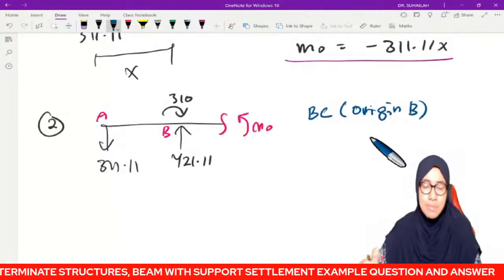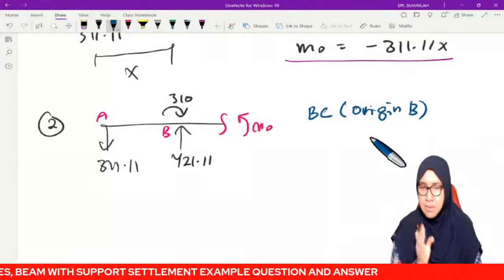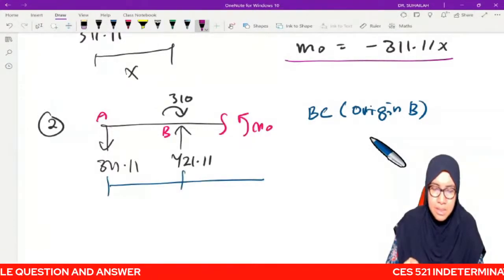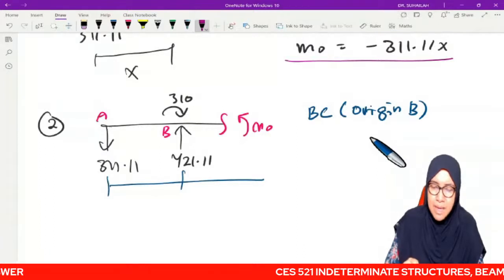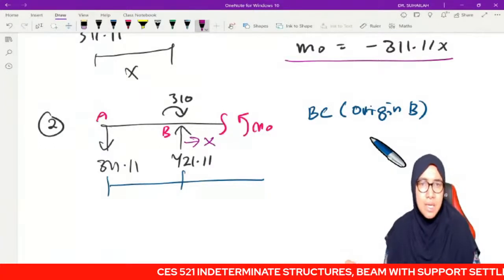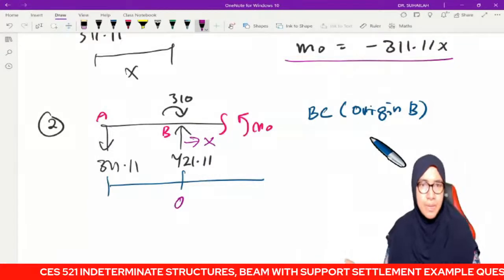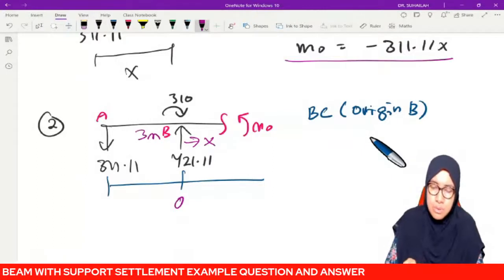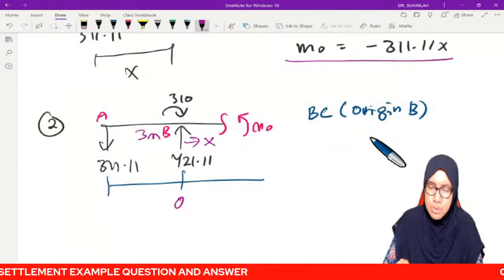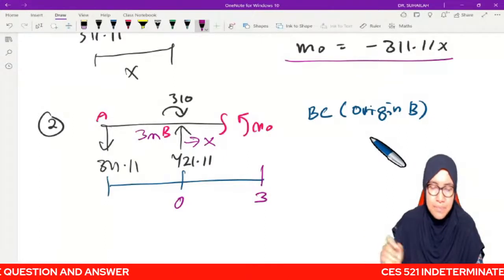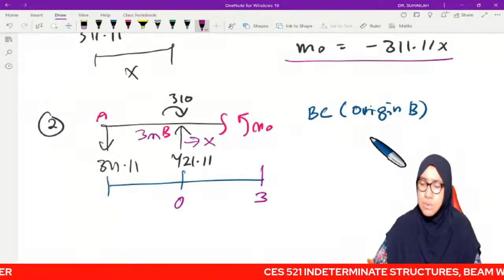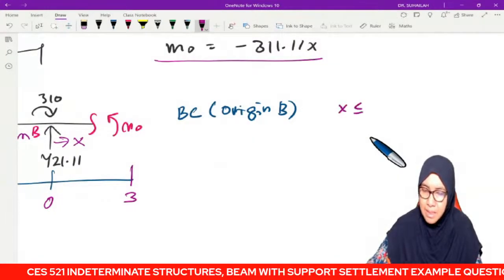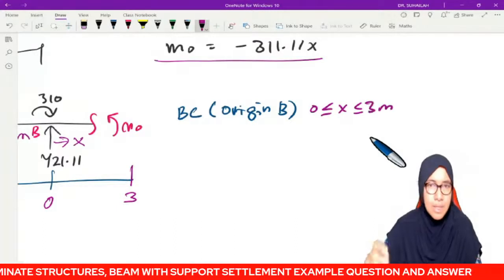Origin means where X starts. If origin is B, it means that X starts from B. This is X, here is 0, and this is 3 meter. So 0 to 3. The distance, the X, is between 0 to 3 meter.